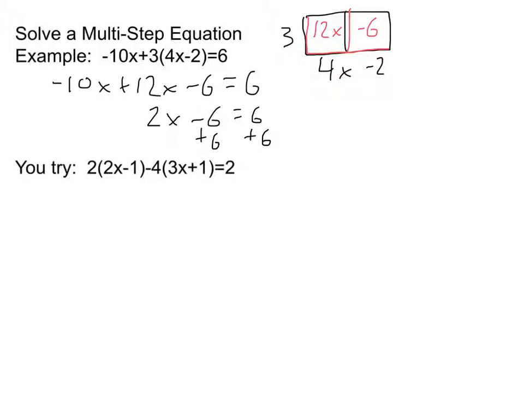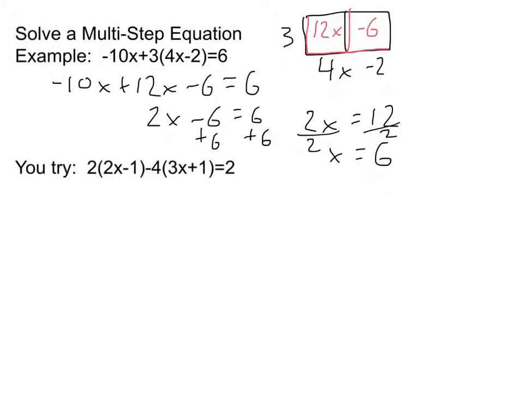So those cancel, it leaves me 2x on the left equals 12 on the right, so you can probably just use 2 times what equals 12. We know that 2 times 6 equals 12, so x equals 6. The other way you could do that is divide both sides by 2, and 12 divided by 2 is 6. Okay, go ahead and hit pause, try this one, and see how you do.